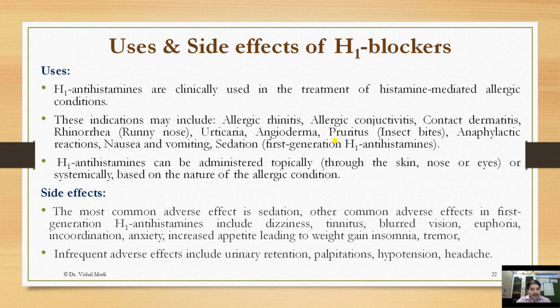Now, uses and side effects of H1 blockers. H1 antihistamines are clinically used in the treatment of histamine-mediated allergic conditions. These indications may include allergic rhinitis, allergic conjunctivitis, contact dermatitis, rhinorrhea, urticaria, angioedema, pruritus, anaphylactic reaction, nausea, vomiting, and sedation.